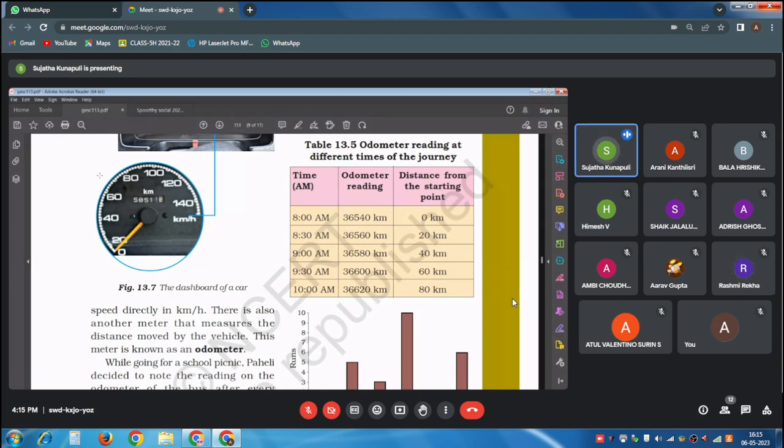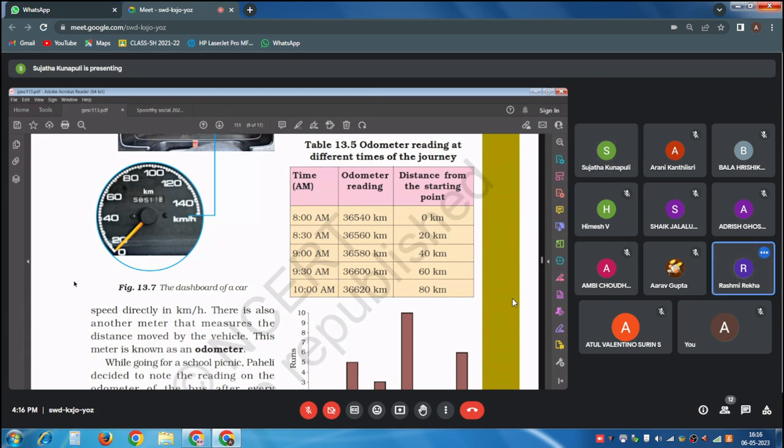See, we have two things: one is the speedometer and the other is the odometer. Speedometer means the speed of the car. When you accelerate the car, starting at 20 kilometers, when you again raise the acceleration and go very fast, obviously it will go to 80 kilometers. So that is the speed of the car, right?